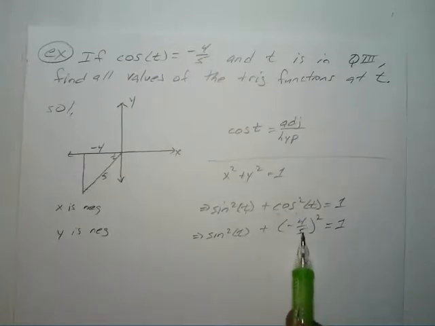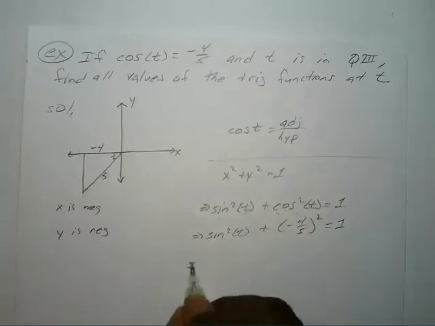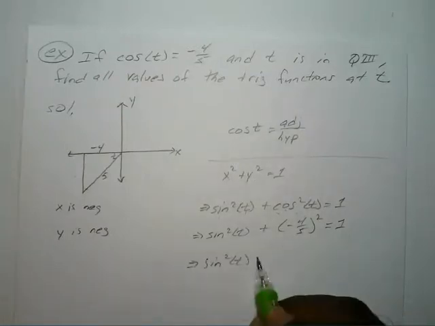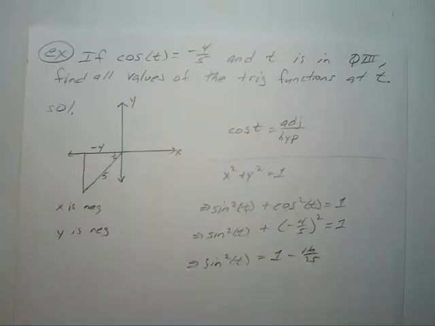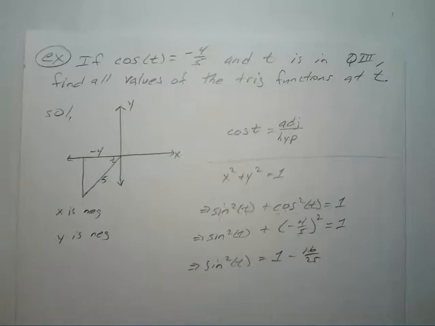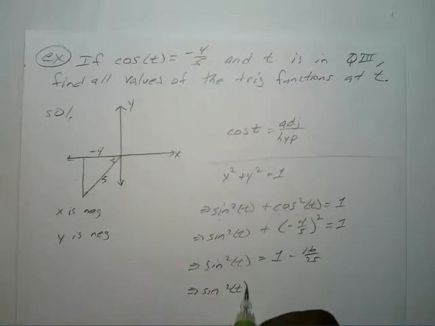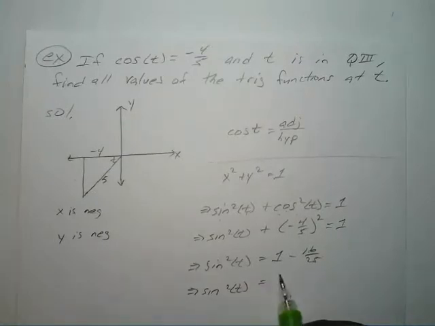Negative 4 over 5 squared is 16 over 25. So if we subtract that from both sides, we have sine squared equals 1 minus 16 over 25. If we simplify that, we end up with sine squared equal to 9 over 25.